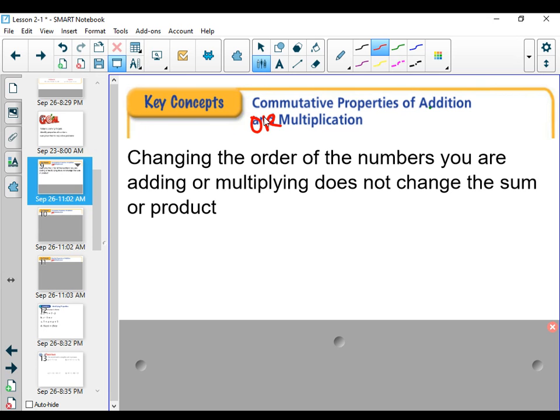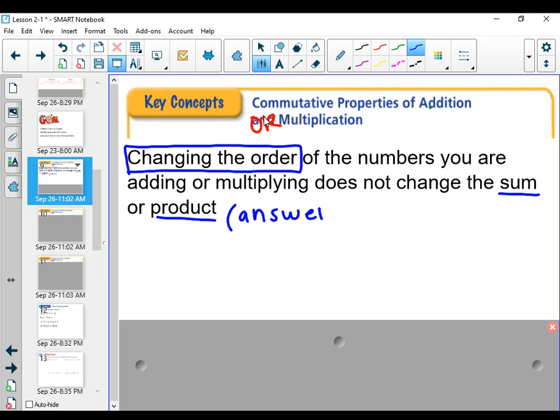Really important. Commutative property. Changing the order. Really important. Does not change the sum or product, which are fancy words for answers. What does this mean?